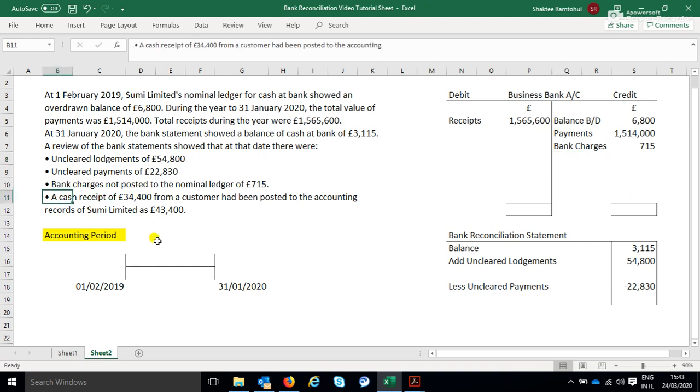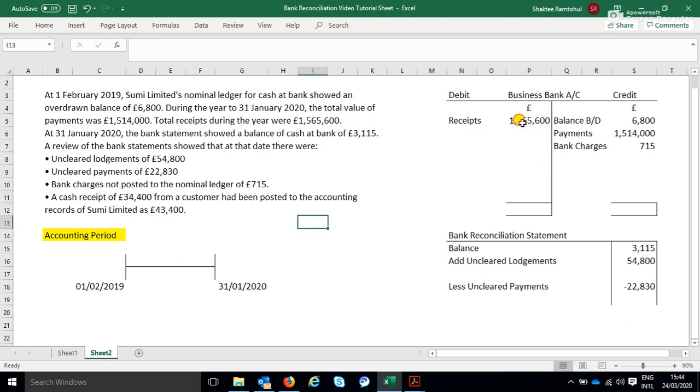Now this one is interesting. A cash receipt of 34,400 from a customer has been posted to the accounting records of Sumi Limited. So it's there already, but hang on. It has been posted as 43,400. So what's happening here? We have posted an amount of 43,400 when the actual amount should have been 34,400.